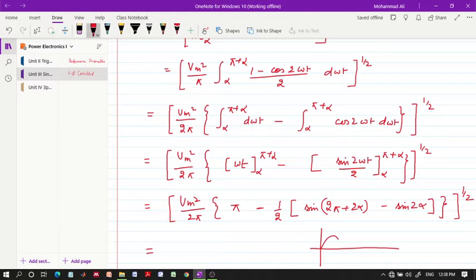We are taking a sine wave, and we are considering the values of what? An angle of 2 alpha after 2 pi. So this is the angle 2 pi, and this will be, for example, 2 pi plus 2 alpha. This angle now will be 2 pi plus 2 alpha.